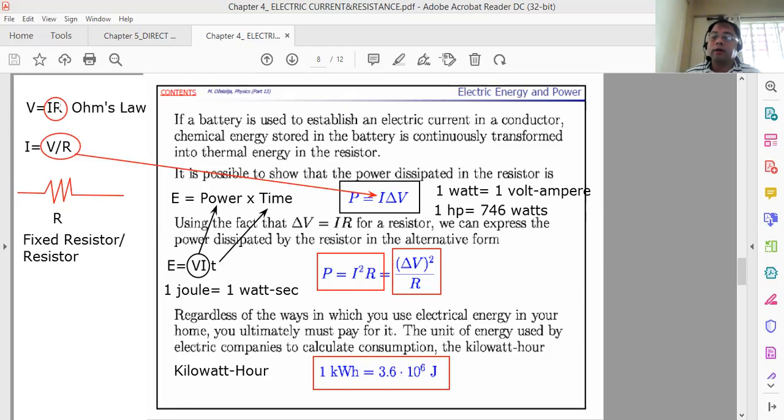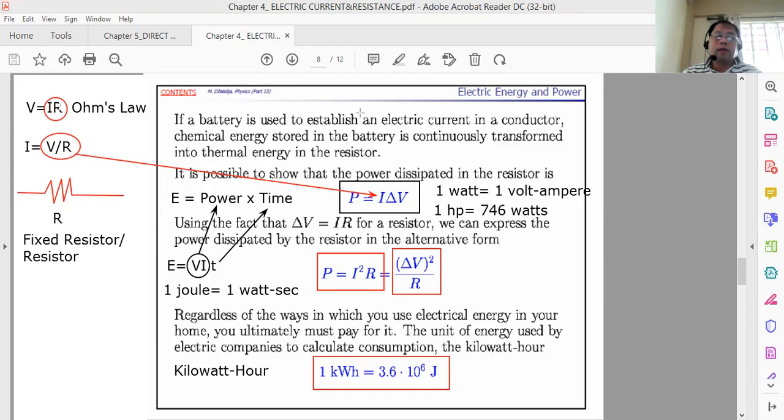It is a unit of energy, but that unit is a small quantity. Therefore, we don't use that to express the energy consumption in our homes. All of our energy consumption is commonly expressed in kilowatt hours, but kilowatt hours and joules can be converted one to the other.